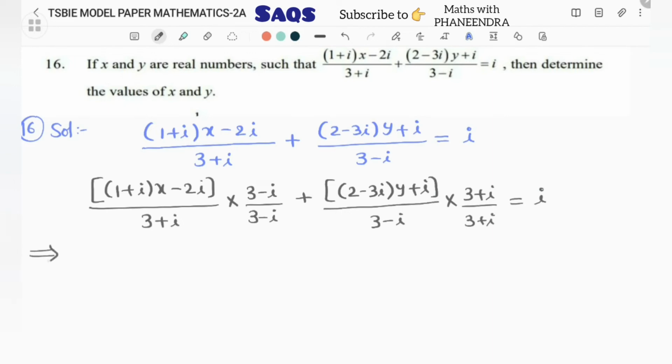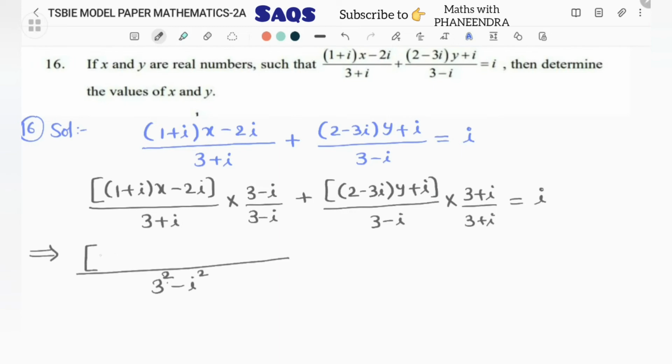So that implies that, the denominator value is (a + b)(a - b), a squared minus b squared. So it will become 3 squared minus i squared. In the numerator, we need to simplify.